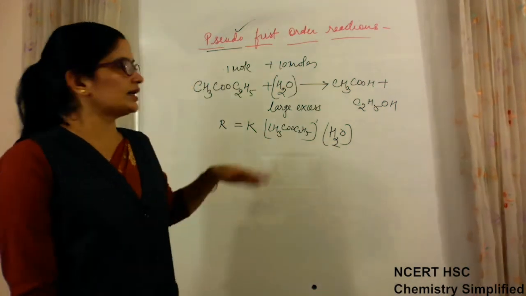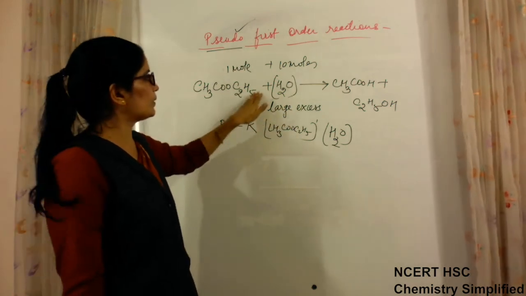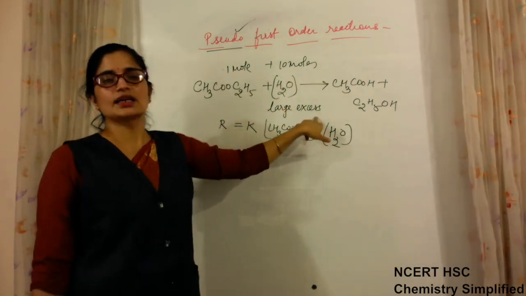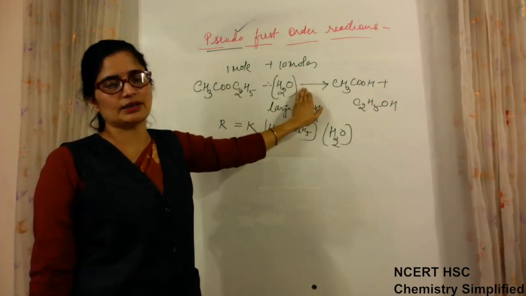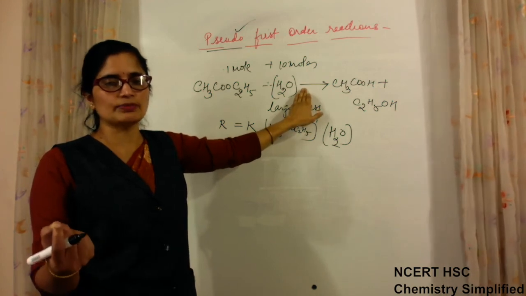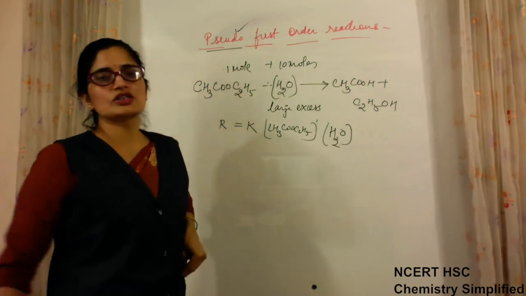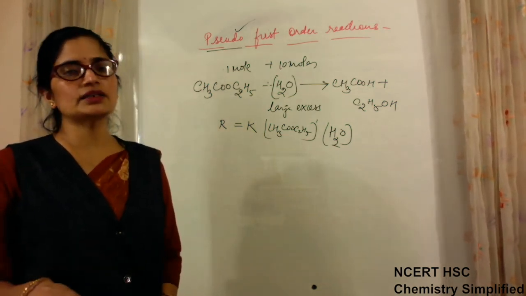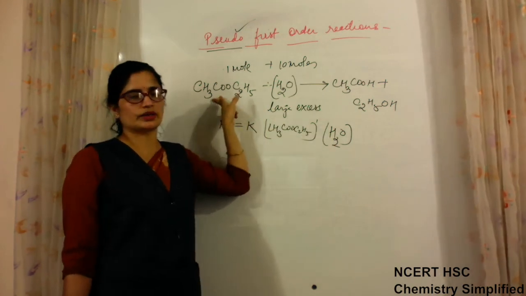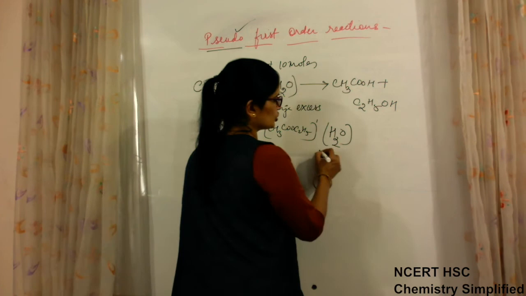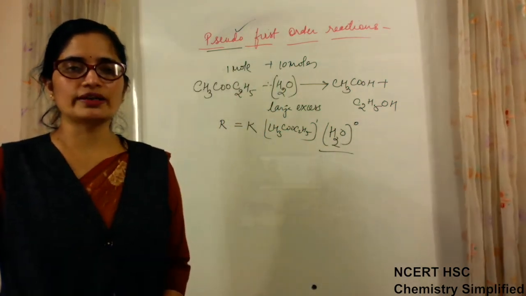So if 0.1 mole is used up, then also practically its concentration seems to be unaffected. That is why in the hydrolysis of ester reaction, where water is present in large excess, the concentration seems to be practically unaffected, but actually it is getting used up to little extent. Hence these reactions are known as pseudo first order reactions. Whenever the second reactant is present in large excess as compared to the first one, we write its concentration to be practically unaffected in the rate of reaction.